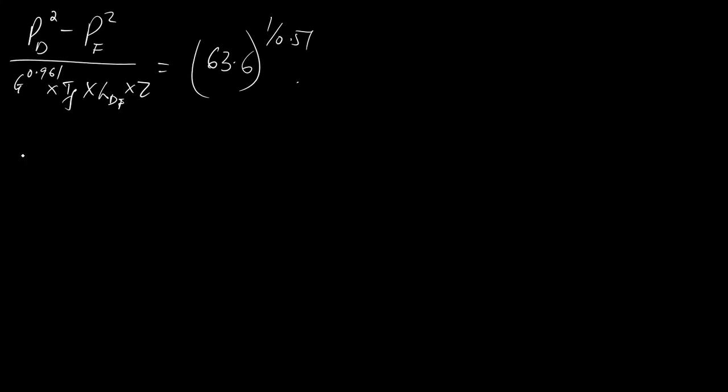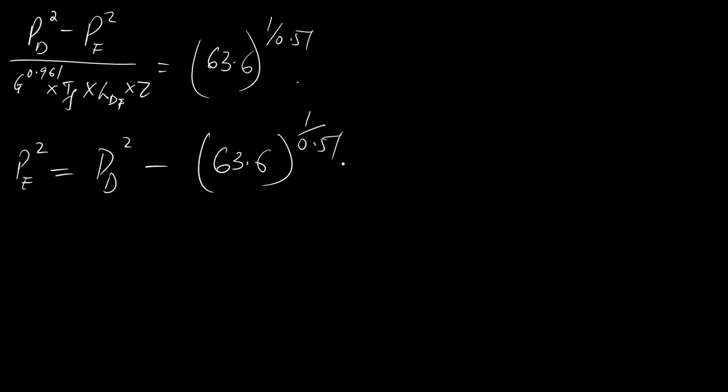So making PF square subject of formula, we have PD square minus 63.6 raised to power 1 all over 0.51 times G, which is the gas gravity, 0.58 raised to power 0.961 times 288 times LDF, which is 10 kilometer times 0.88.